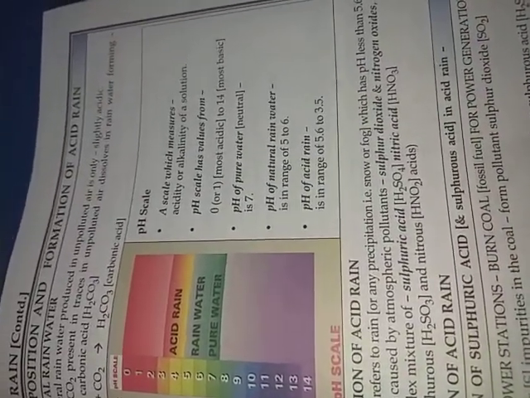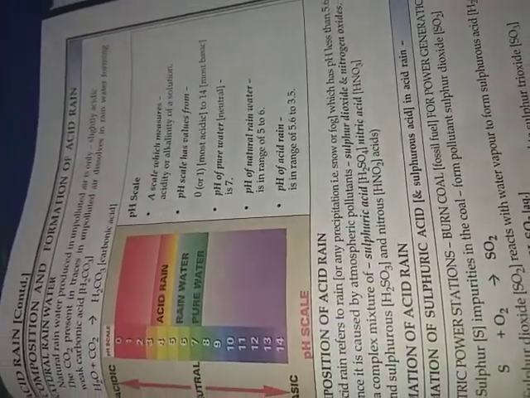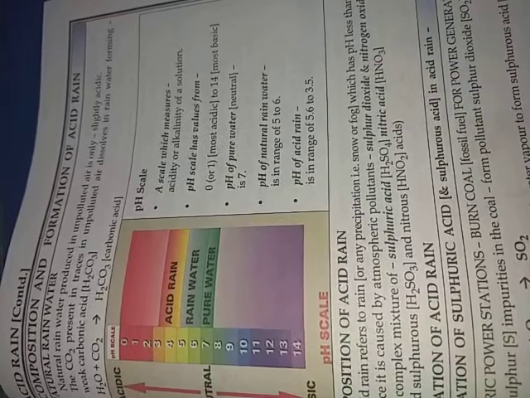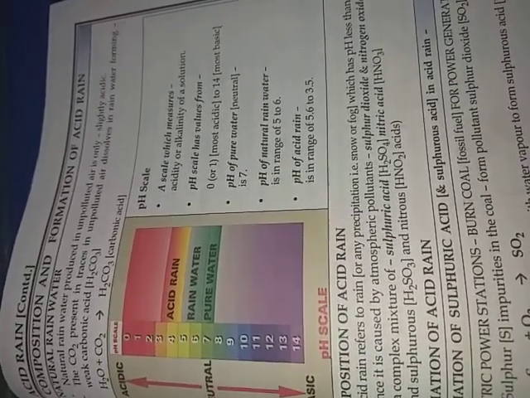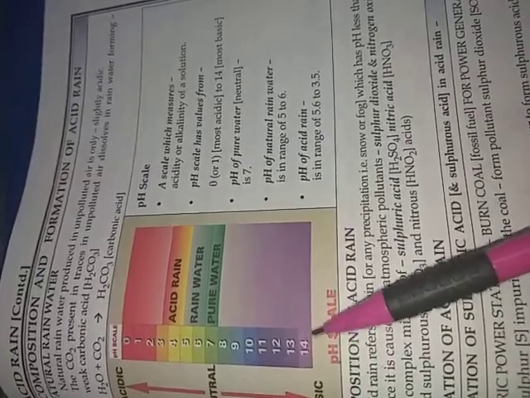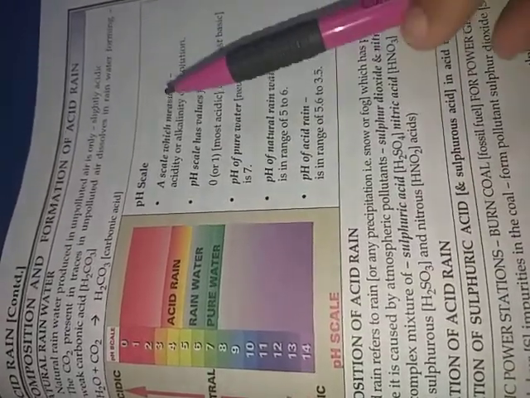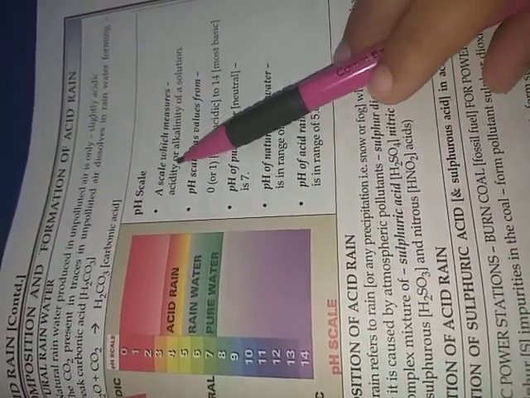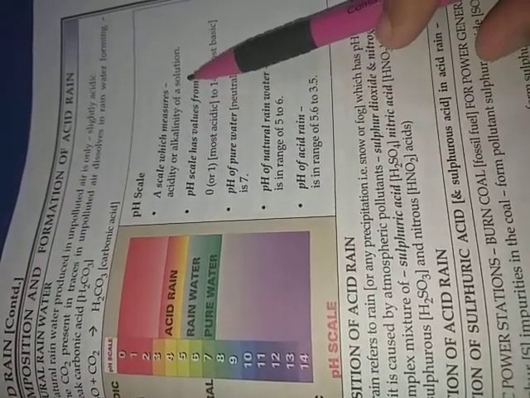Okay, so if we just need to find out whether the liquid is acidic or basic, we can use litmus papers. But if we have to find out whether the given liquid is a strong acid or a strong base, or a weak acid or a weak base, then we use pH papers. pH papers measure the acidity or alkalinity of the solution.